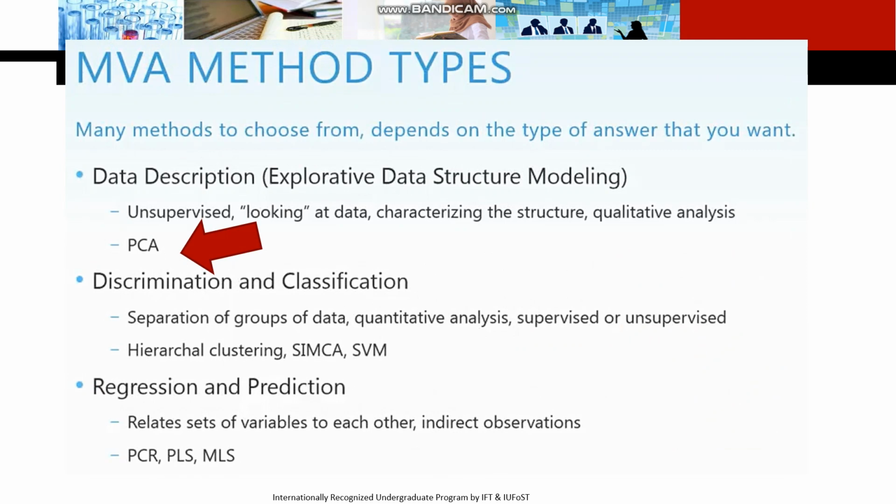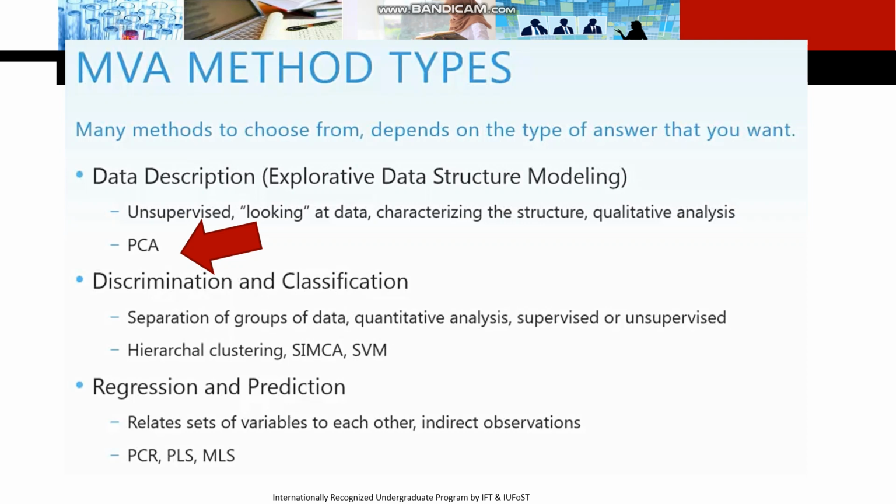Multivariate analysis is used when your target is data description or exploratory data structure modeling, looking at the data, characterizing the structure, and doing qualitative analysis. PCA, as mentioned, is one of the descriptive statistics, so it is just data description. It's not inferential statistics, but you may also get insight from PCA data.